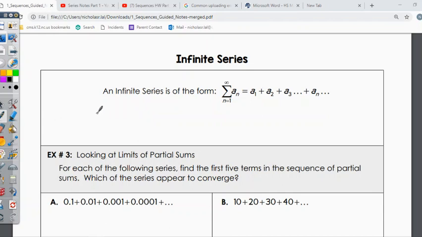Well, looking at the notation, what this is saying is if you start at when n equals 1, remember that's our index value, and that's where we start at. So that's the index. It's the term that we start with.